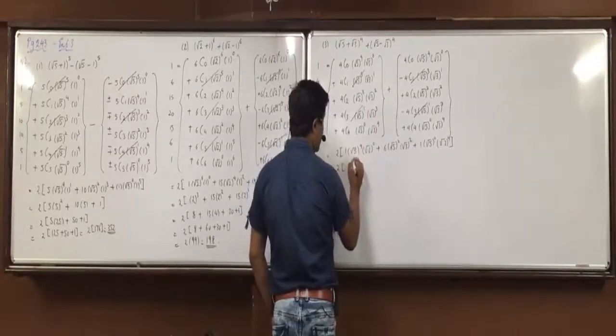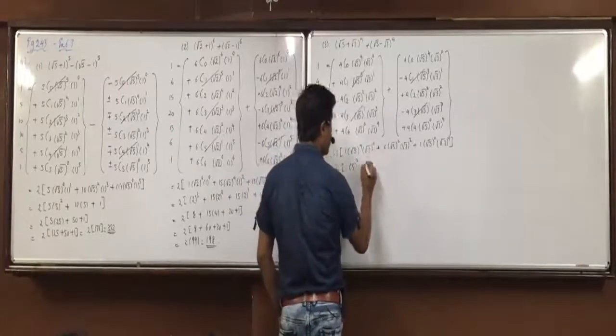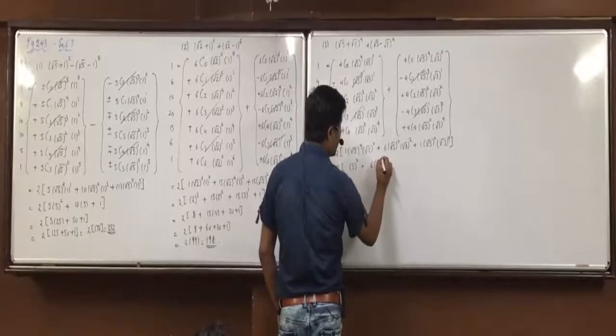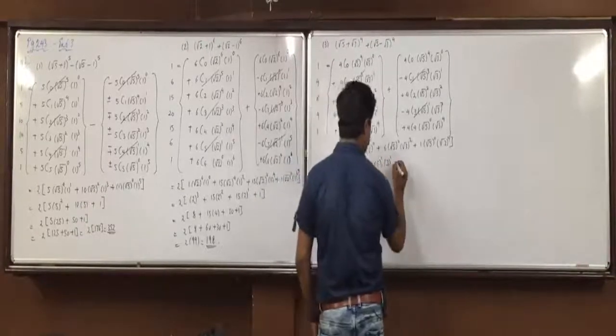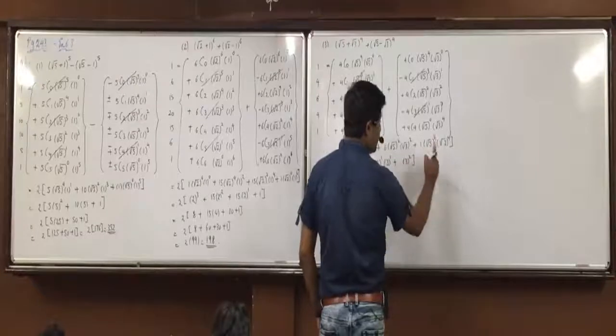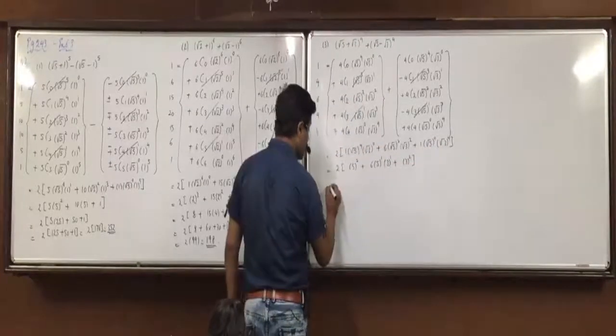Now 1 I need not write. This becomes half of 4, 2, so 5 raised to 2. Root 3 raised to 0 is 1, so I need not write. 6 into, again half of 2 is 1, so 5 raised to 1, and half of 3 is also 1, so 3 raised to 1. Plus, last is 1 into 1, root 3 raised to 4 means 3 raised to 2. Half of 4 will become 2, so 3 raised to 2.